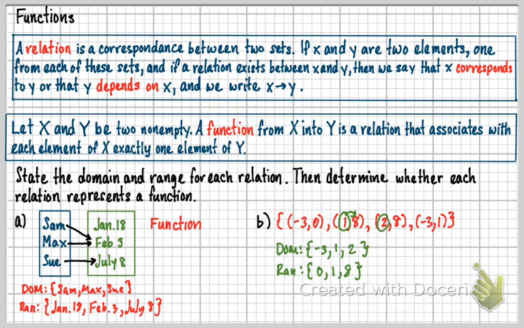And this 2 goes to exactly one element in y as well. Even though these are the same here, that means nothing for a function. So it doesn't violate there. The only reason why this is not a function is because this -3 goes to 2 different y values. So this is not a function.